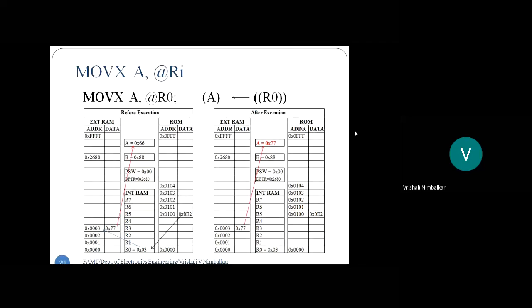So the lowest address can be 00 and the last address can be 1111 1111, which means FF. So 0 to FF are 256 addresses. Using the R0 pointer, we can access only the first 256 addresses of external RAM. The data of the first 256 locations can be read.